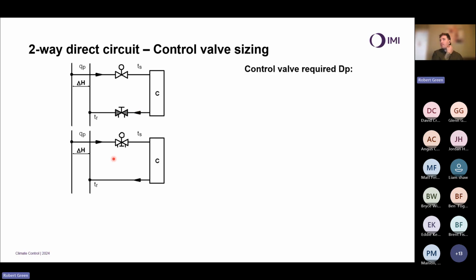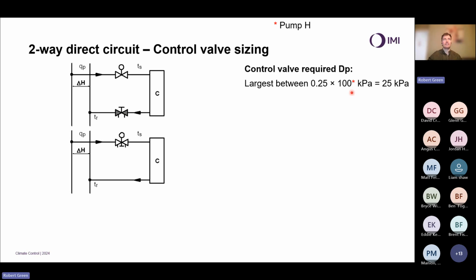We're going to start off by sizing it for the required differential pressure, and it needs to be the largest between 0.25 times the pump head, and the reason for that is my minimum design authority, if you remember, was the control valve pressure drop divided by my pump head. So if the control valve pressure drop is 25% of that, we have a minimum authority of 0.25. And we'll see why we care about that in a couple of weeks' time.